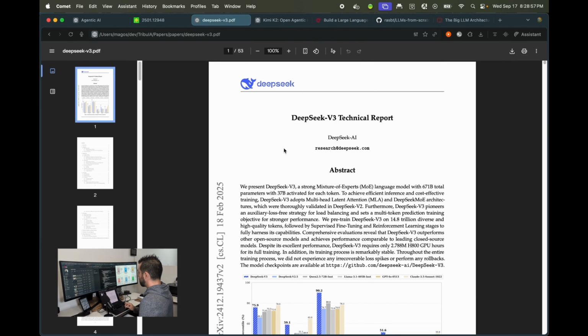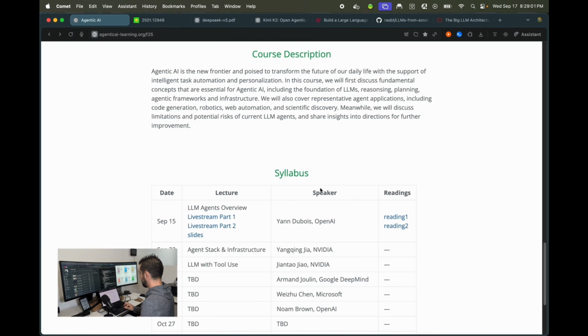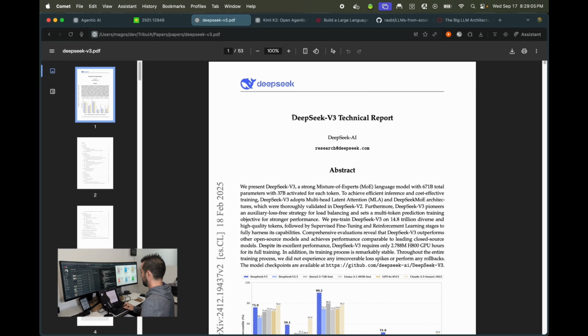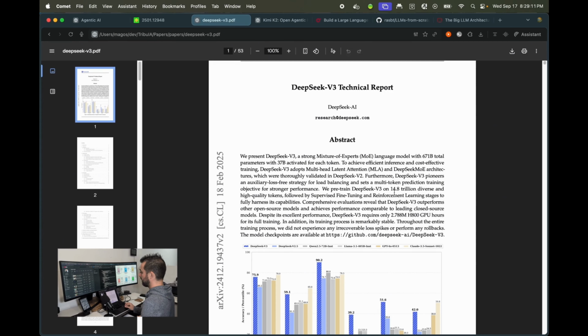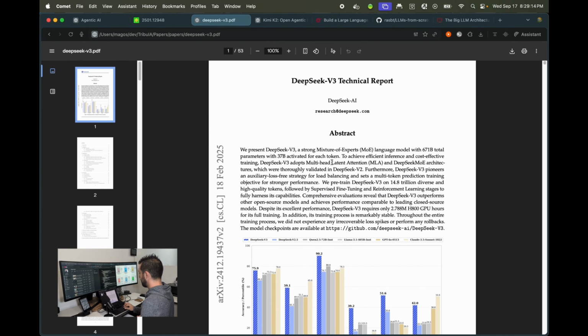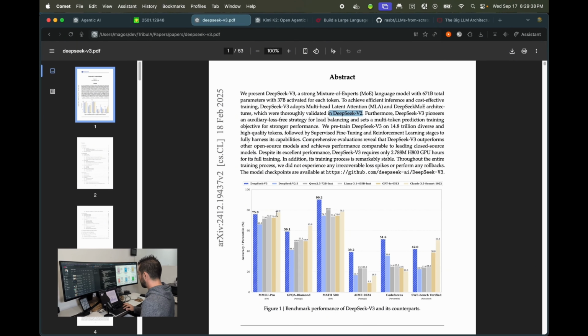All right, let's move on to the paper that was linked here as the first reading, which is DeepSeek V3, the one that came out later, which is the base model on which they did the reinforcement learning to produce R1. Here they talk about multi-head latent attention, MLA, and the MOE architecture that were validated in DeepSeek V2, so these things are not new. They have done them before, but here they achieve new milestones in terms of performance and how it compares to the previous version.